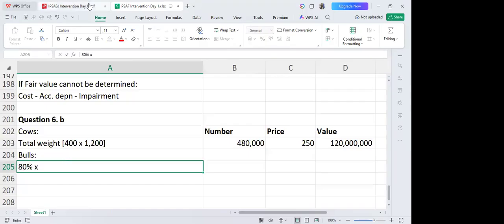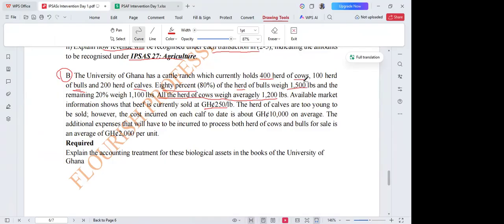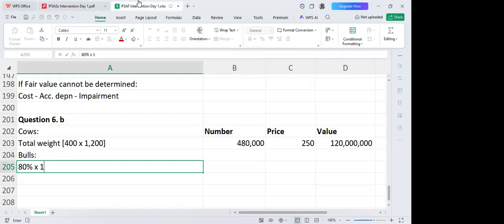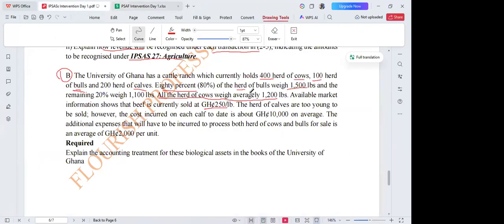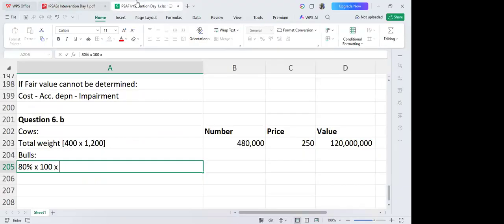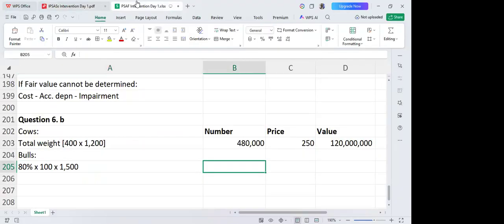We multiply 80% on the number of bulls. We have been given 100 head of bulls. So it's 100, then multiply with the equivalent weight. The equivalent weight for 80% is 1,500. So multiply by 1,500 so that we can get a quantity for the first one.